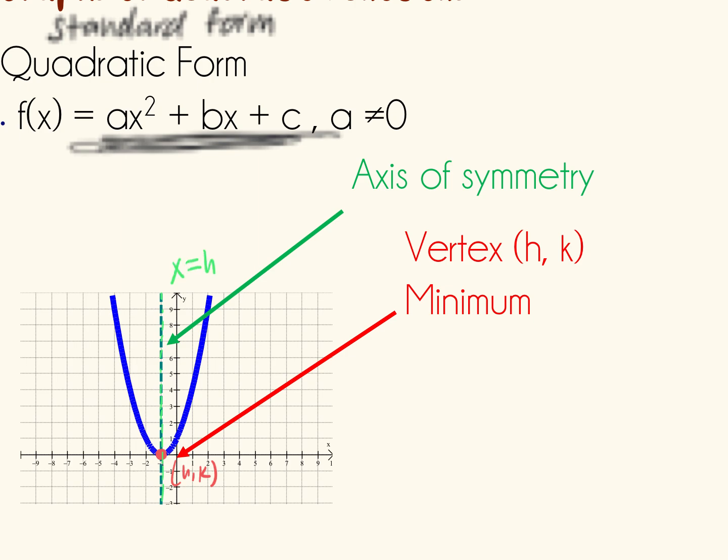So the h coordinate of our vertex. This is called the axis of symmetry, and what this is basically saying is that we can split our parabola directly in half, and one side of our parabola is going to look exactly like the other side. Right, so they're going to mirror each other exactly across this line.